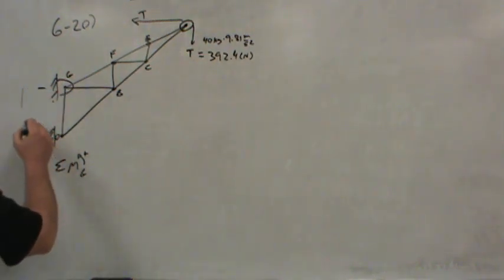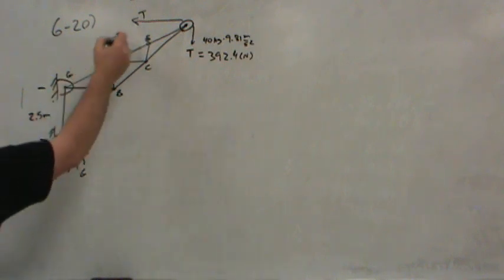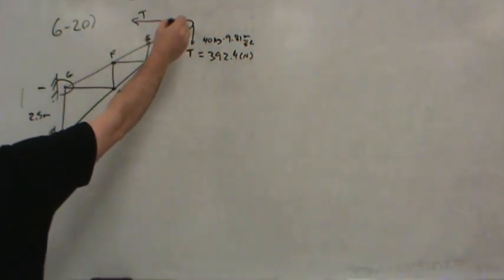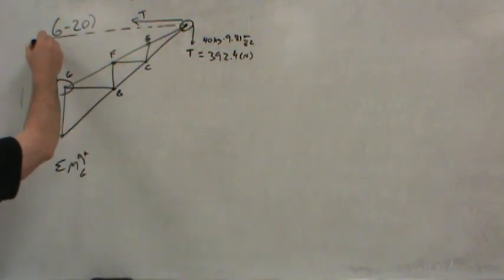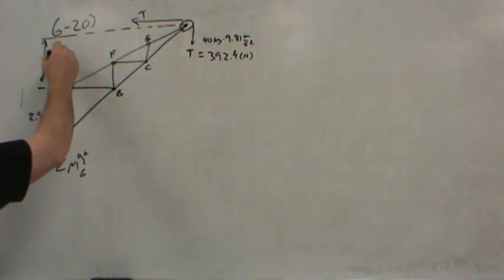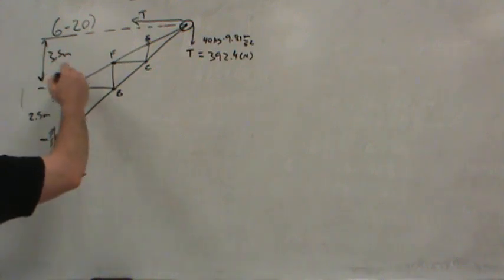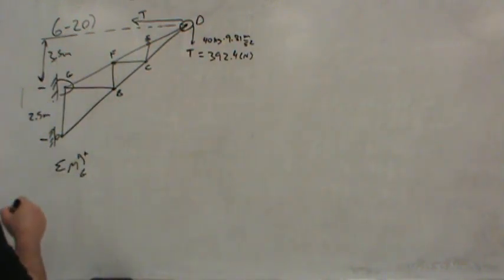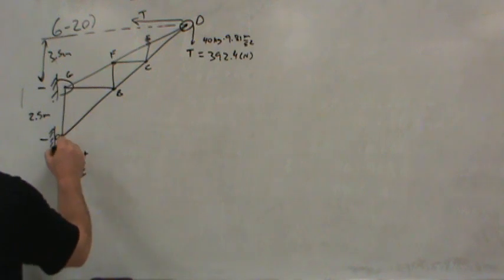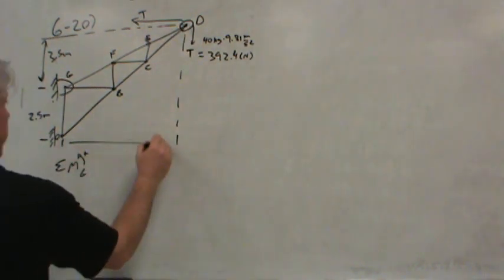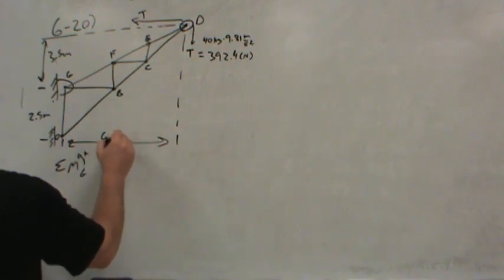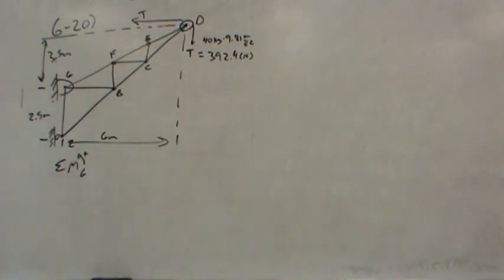So we've got 2.5 meters here, all the way up to the center of that point, which is D, 3.5 meters. And across this way, all the way to D, we've got 6 meters. Otherwise, you won't know what dimensions I'm referencing.